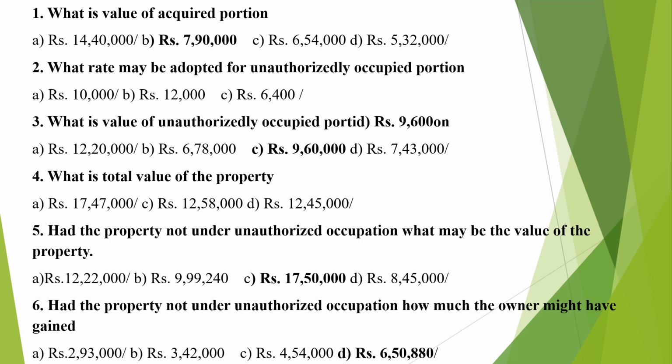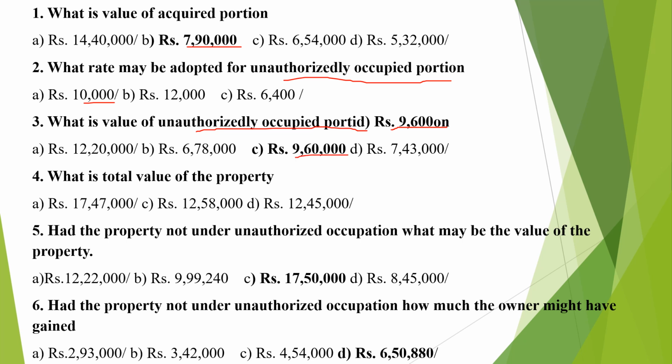What is the value of the acquired portion which we have calculated, which is 7,90,000. What rate may be adopted for the unauthorized occupied portion, which we have given to you as rupees 10,000. What is the value of the unauthorized portion at 9,600 per square meter? We have calculated it as 9,60,000.